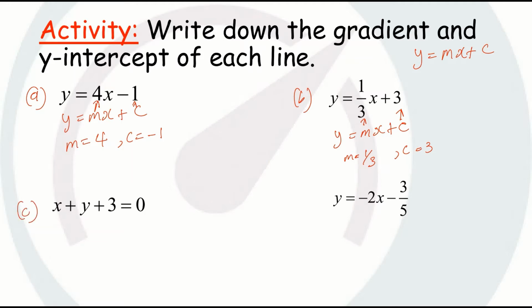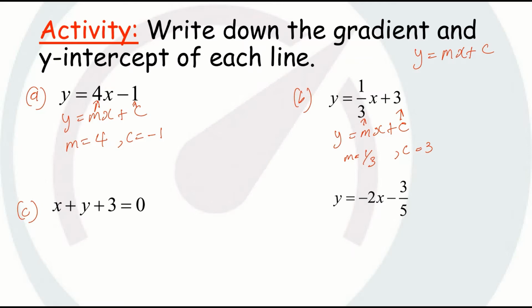Now remember, in order to tell what the gradient is, even though there are persons who can look at this equation and tell me what the gradient and the y-intercept is, other students may need to rearrange the formula to make y the subject. So for all those who are afraid of transposing, it's just maths, not hard.